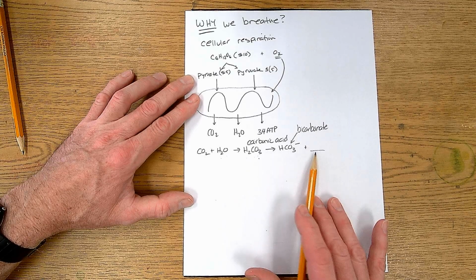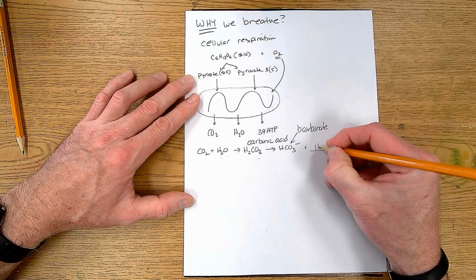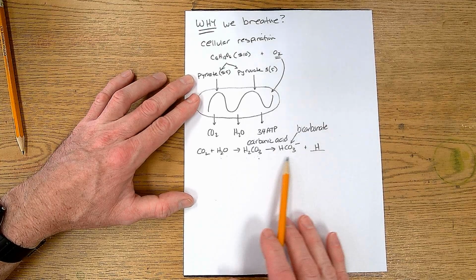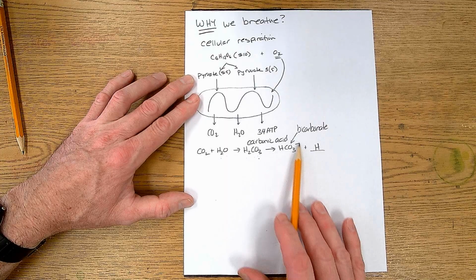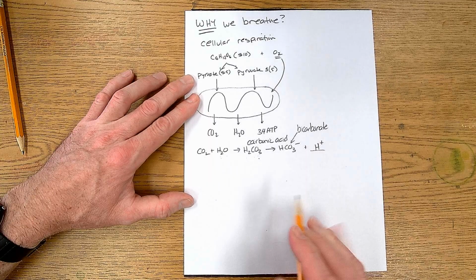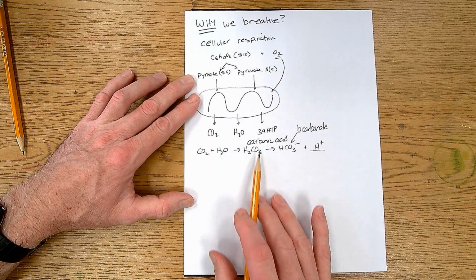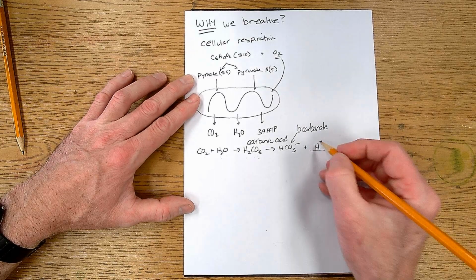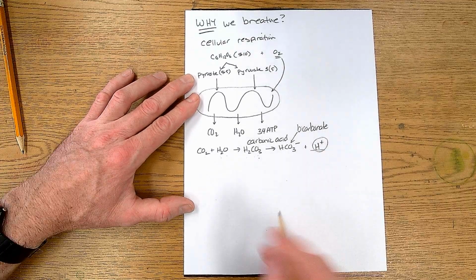That means this unknown substance must be a hydrogen. And because this is an anion, this has to be a cation to balance out, because carbonic acid does not have a net charge on it. So our missing substance is H+.